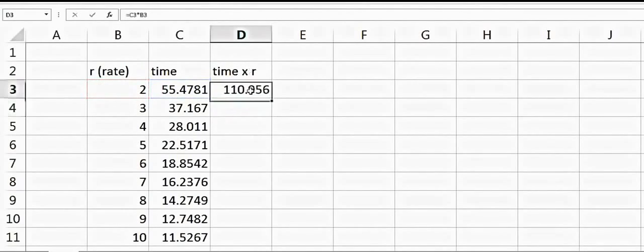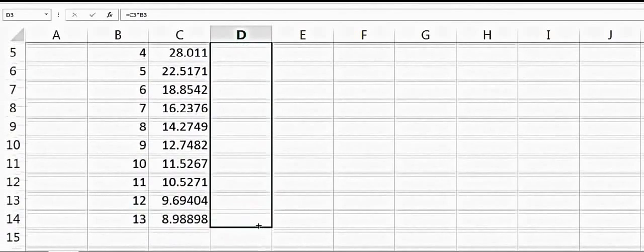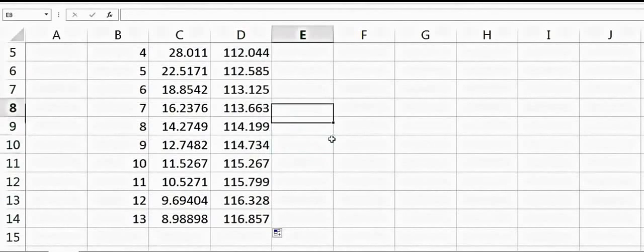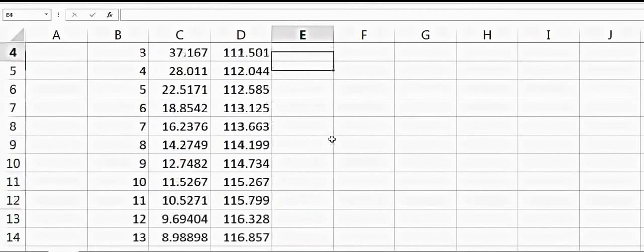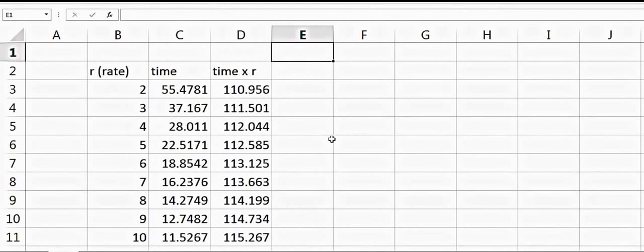This is equal to 110, which is very close to 115. We can keep extending this, and you can see that all our numbers are very close to 115. That's why we can approximate the time by just using 115 as a reference and dividing it by the rate.